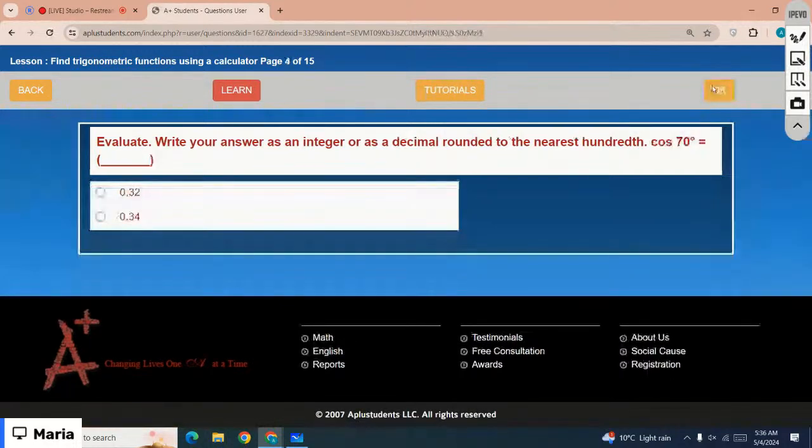Okay, evaluate cos 70. So, which is the correct option? Cos 70 equals 0.34. Option number 2 is the correct option. That is 0.3.